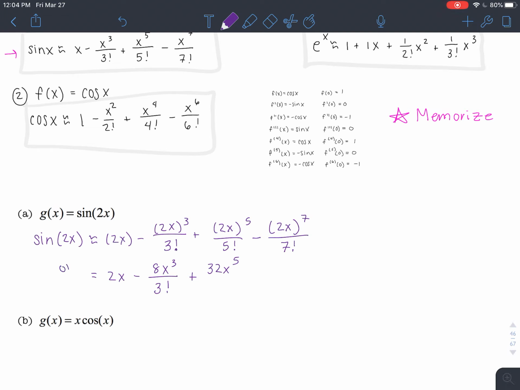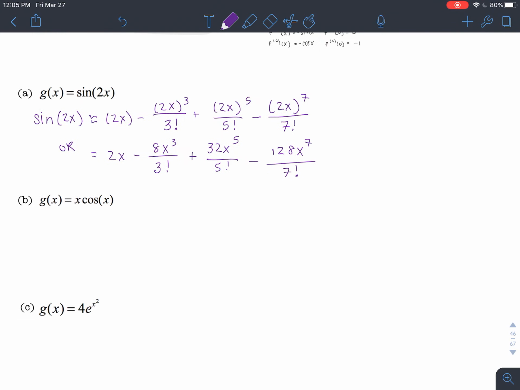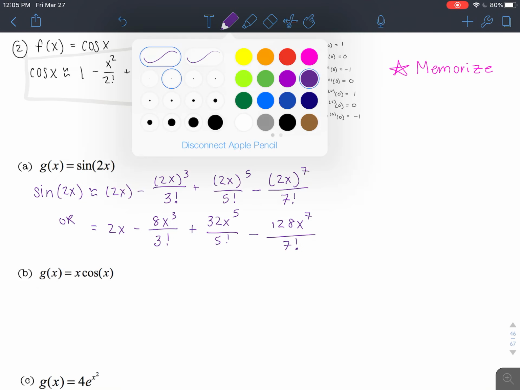I'm actually just going to leave the factorials in there. Plus 2 to the 5th is 32x to the 5th over 5 factorial, and then 2 to the 7th is 128, so x to the 7th over 7 factorial. And you could simplify with the factorials if you wanted to, but you don't have to.